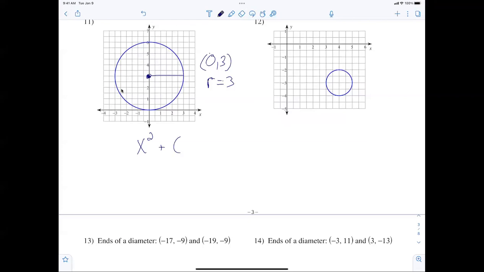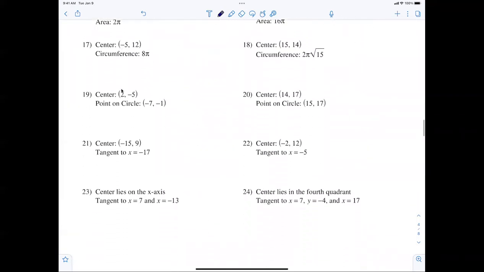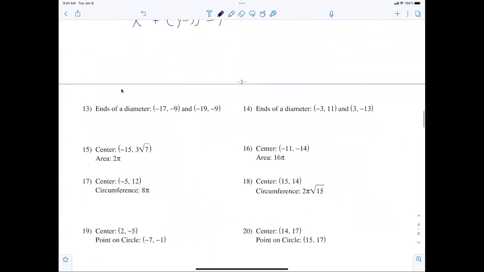I'm not sure it's x. (y minus 3) squared equals what? 9. That's it. Does everybody agree with that? Anybody have any questions? 13, 15, 16. Okay, so I'll do those tomorrow.